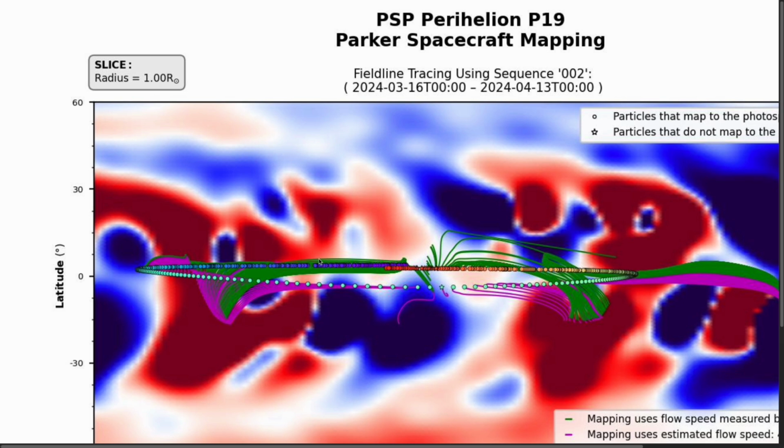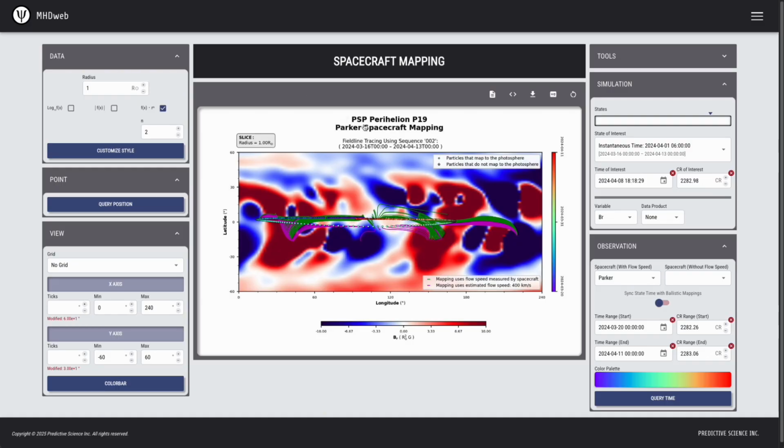Now I have this snapshot of what I was doing during this workflow, and it also allows me to really zoom into the image to get a higher resolution, higher fidelity plot image.